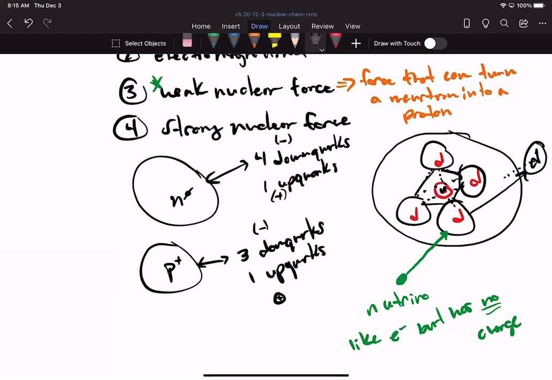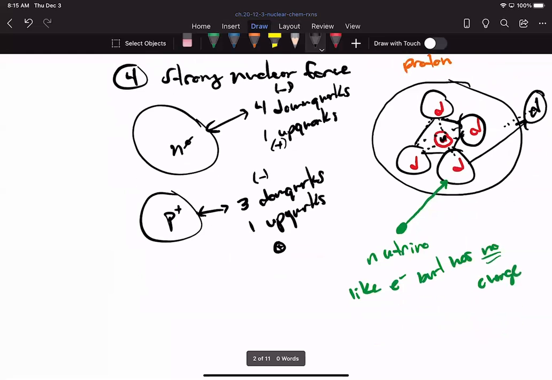Remember, the four down quarks are enough negative charge to offset the positive charge of the up quark. If one of those gets knocked off by a neutrino, this is how we get the neutron turning into a proton, because now there's not enough negative charge, and now I have some positive charge.